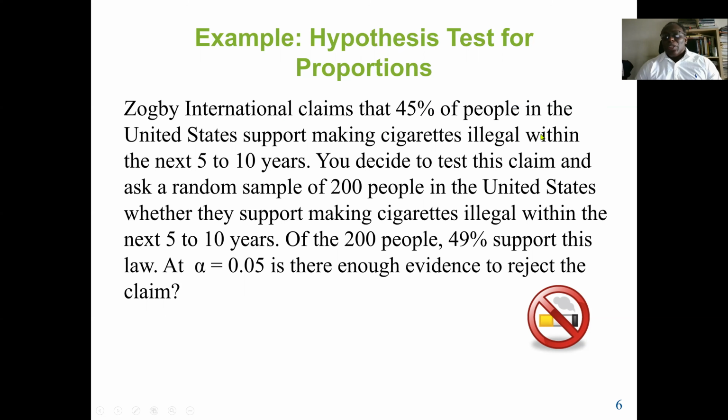45% of the population in the United States support making cigarettes illegal within the next 5 to 10 years. So this is the claim. Now, I want to test this claim, so I take a sample of 200 people in the United States. Of these 200 people, 49% support this law.